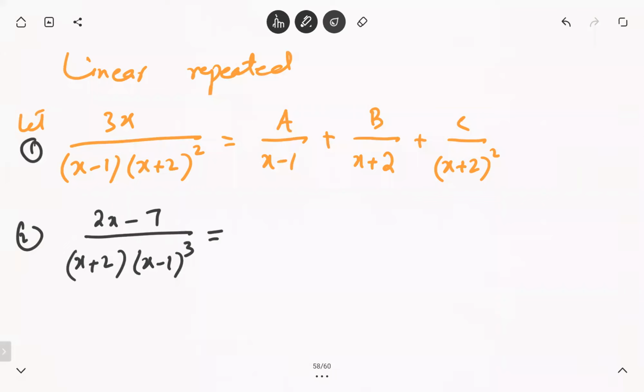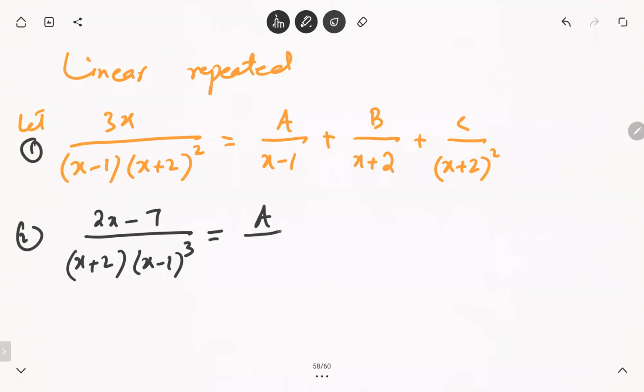Hassan. नहीं, इसकी supposition बताया ना, a over what? A over x plus 2, right? Why not x minus 1? X minus 1 भी तो हो सकता है denominator.